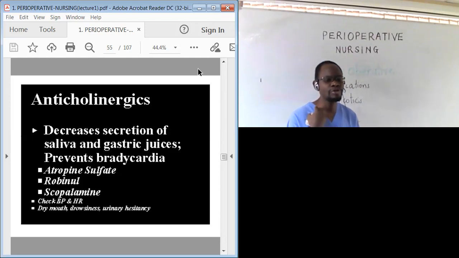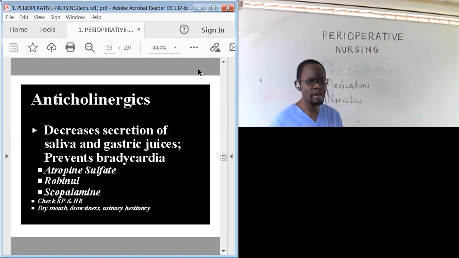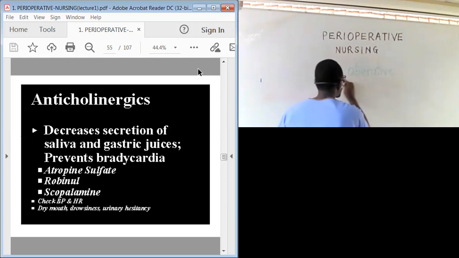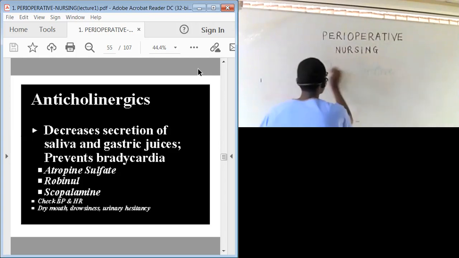Remember, during operation the patient can have secretions in their respiratory tract, in their mouth, and so on.